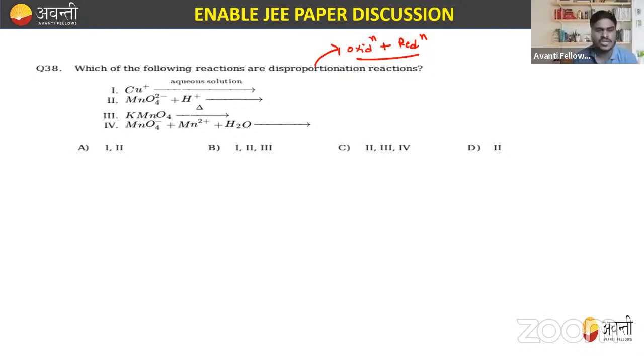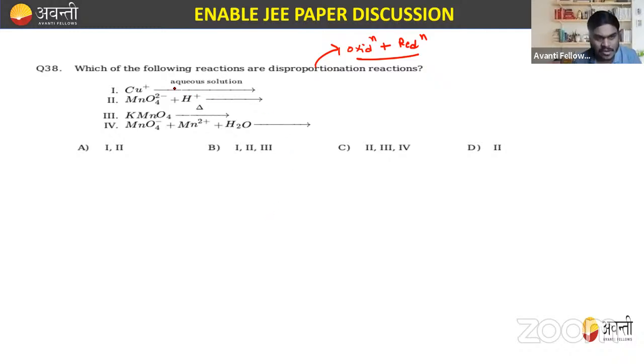If I'm talking about this question, out of these options, Cu+, MnO4 2-, NH4+, which will show this? If I'm talking about Cu+ in aqueous solution, will it show a disproportionation reaction or not? Yes, it will show, definitely. How will it show, beta? Copper in aqueous solution forms copper and copper 2+ ions, and this is a disproportionation reaction.